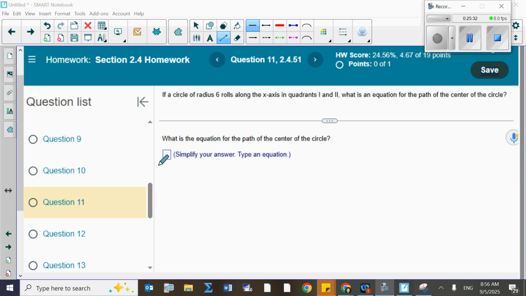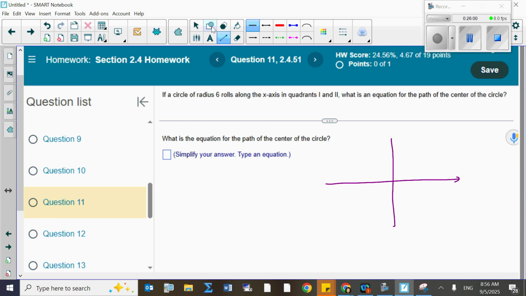The next question is asking that if a circle of radius 6 rolls along the x-axis in quadrants 1 and 2, what is an equation for the path of the center of the circle? So here I'm going to draw the coordinate plane first. There is a circle with radius 6, and it's rolling along the x-axis.